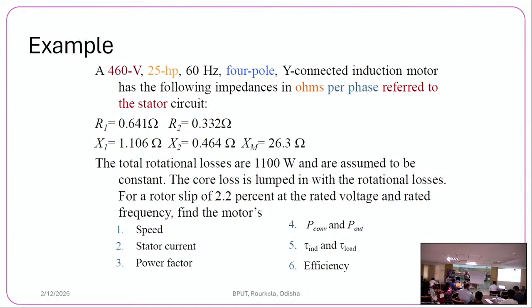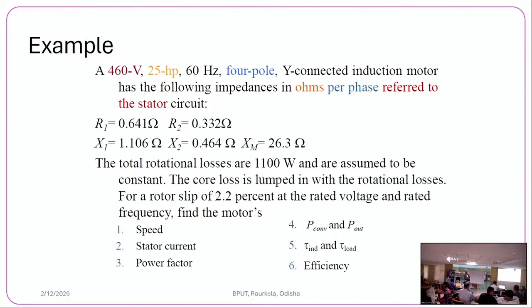Then R2 by S is one resistance, then X2. R2 means R2 dash, X2 means X2 dash, since it is given referred to stator. Then R1, X1 and XM are also there. Using the equivalent circuit, you will get the stator current.